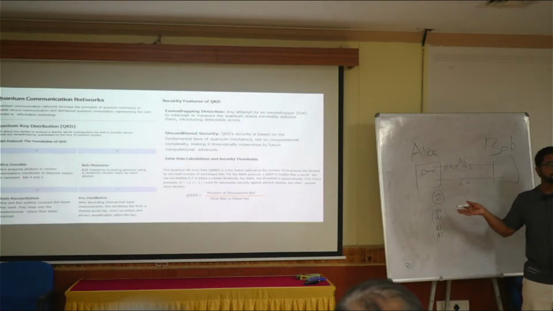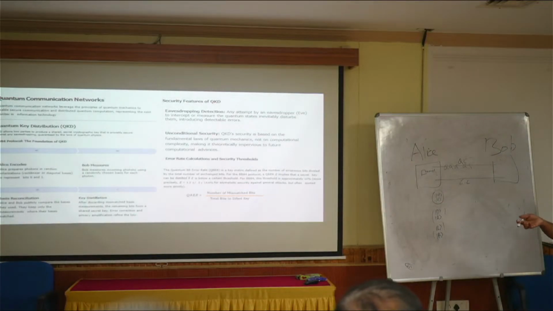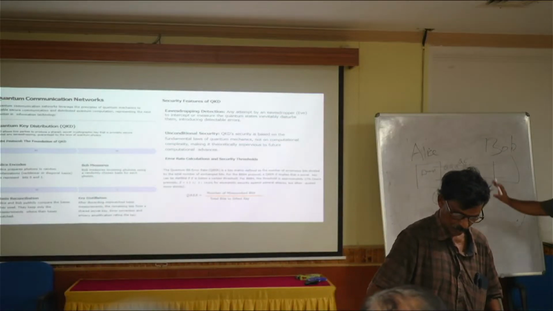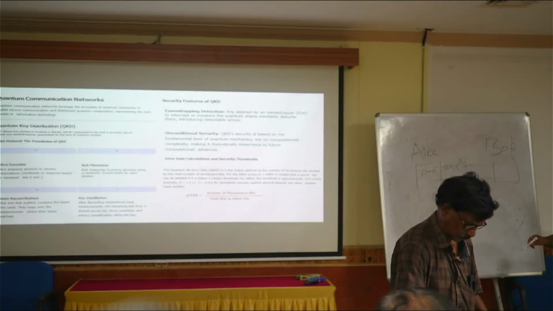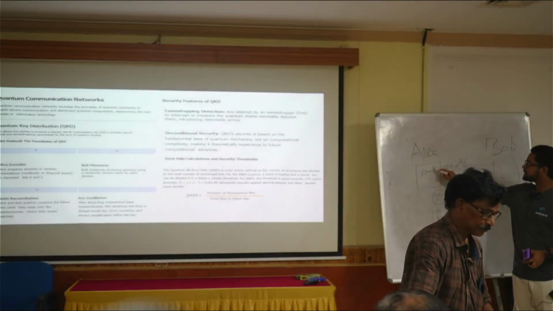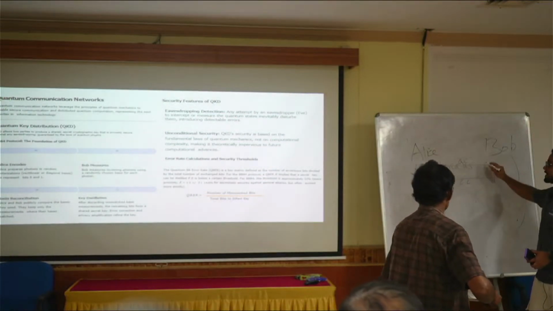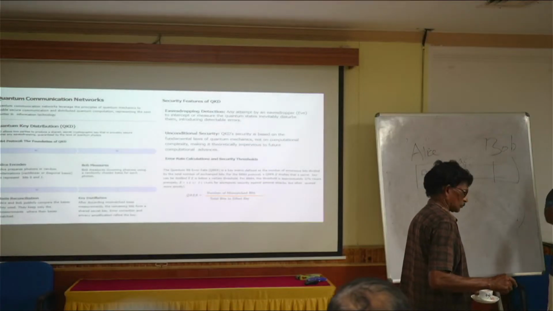These are nothing but polarizations of a photon: horizontal polarization, vertical polarization, diagonal, anti-diagonal, left circular, right circular. Alice uses these bases, and Bob uses them for measurement. You can keep it here.